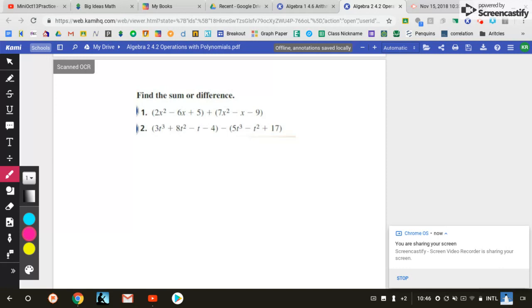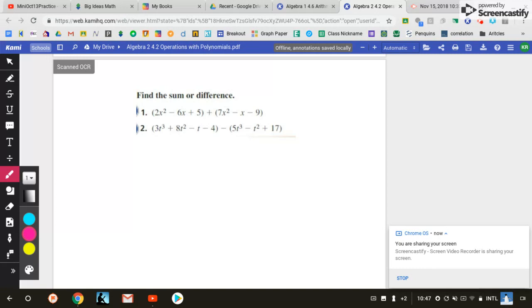So let me read it again. 9x squared minus 7x minus 4. For number 2, you should have got negative 2t cubed plus 9t squared minus t minus 21. So give those a shot and see if you can figure them out.